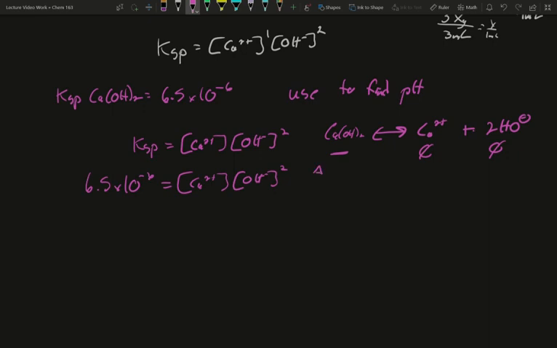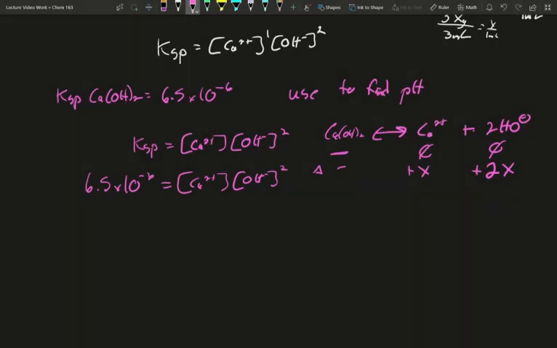And then there's going to be some change, and we're not going to be concerned about the solid because its concentration isn't changing, but we are going to gain some amount of calcium, and we're going to gain twice that amount of hydroxide. Remember, it's OH twice in the formula for calcium hydroxide, so for every calcium that gets freed, 2 hydroxides get freed up in solution. Eventually we reach equilibrium, and so I'm going to have X amount of calcium ions, but I'm going to have twice that amount of hydroxide.